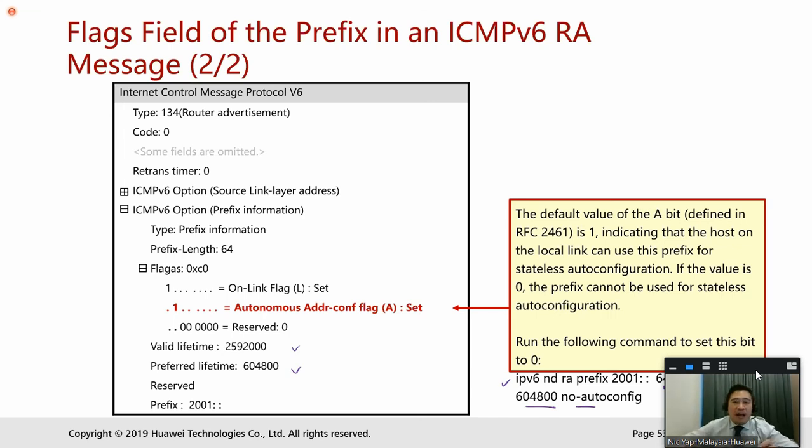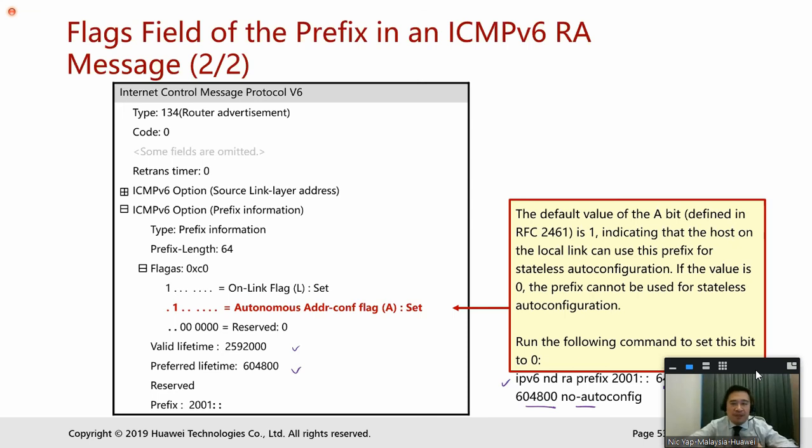So I don't follow your prefix when this is 0. When it's 1, which is the default, it means that I will follow whichever prefix address you send to me. So this is inside the RA. RA is a bit more complicated compared to NA, the neighbor advertisement.